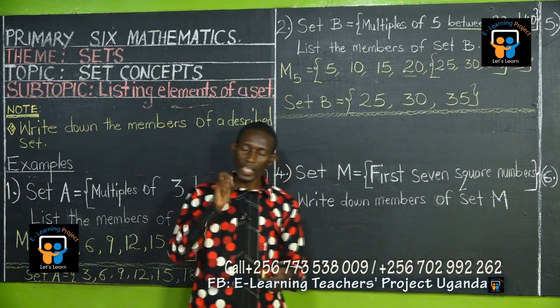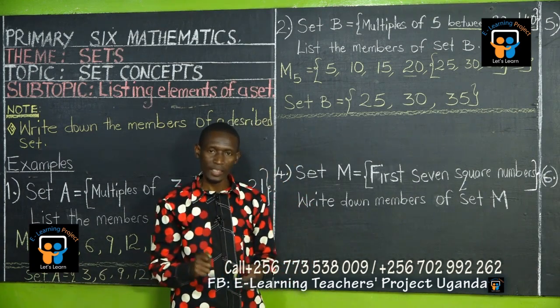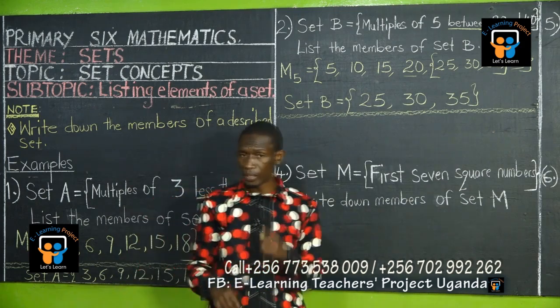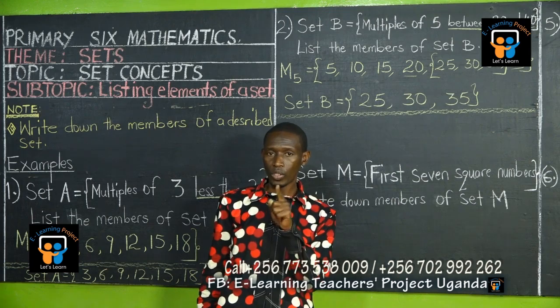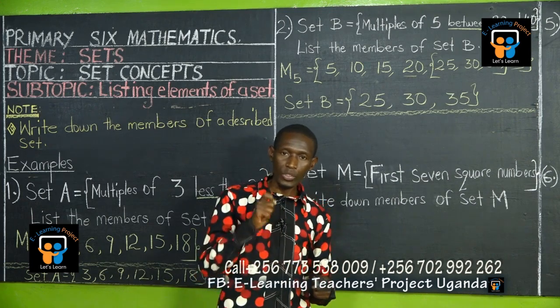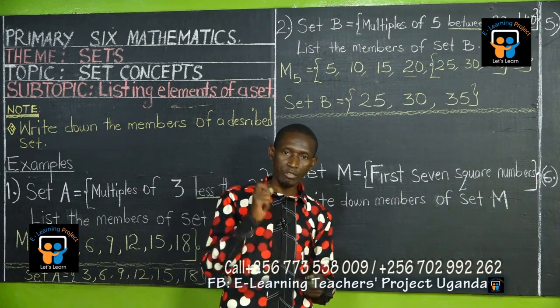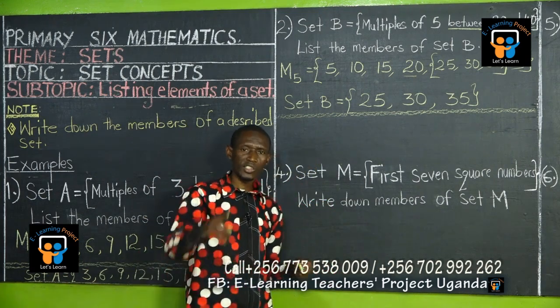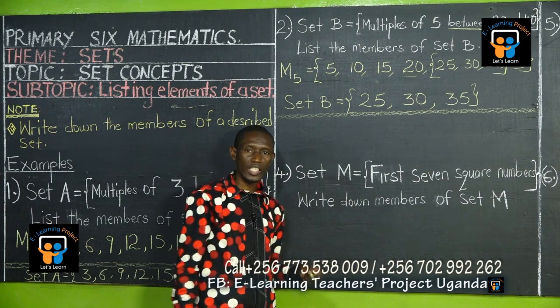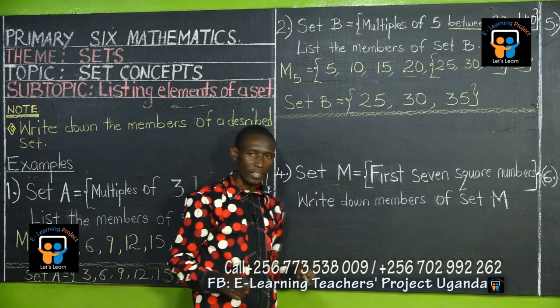So we square counting numbers, because the first whole number will be 0. We shall not square that 0. And the first counting number is, who can tell? Yes, Sulaiman. First counting number is 1.